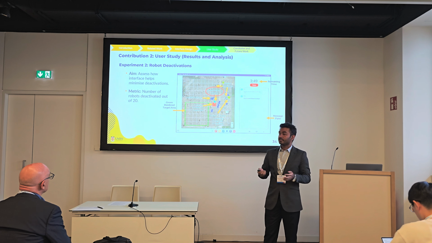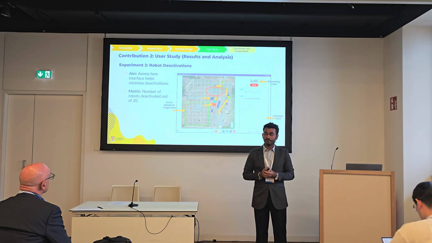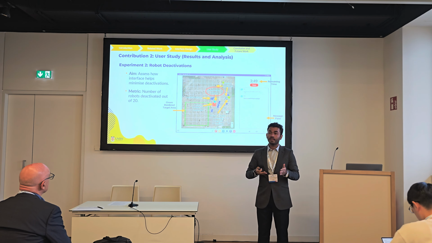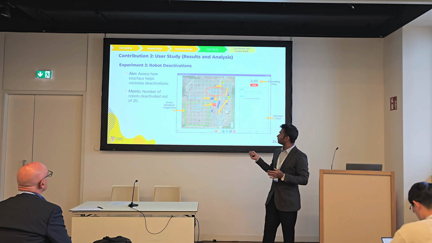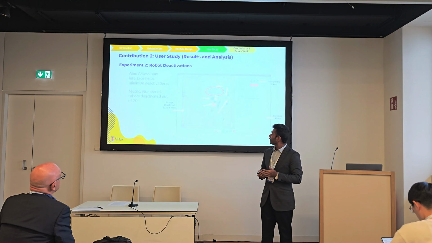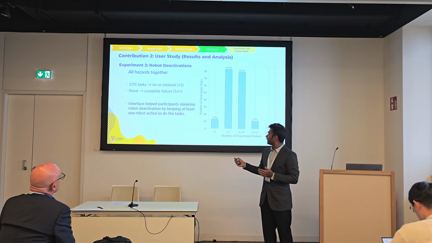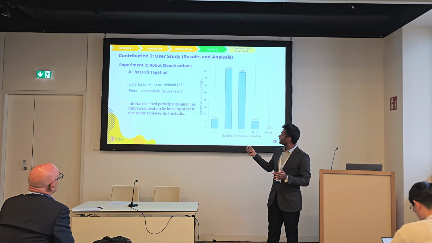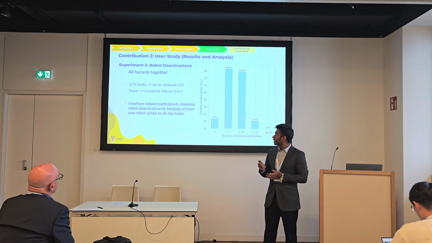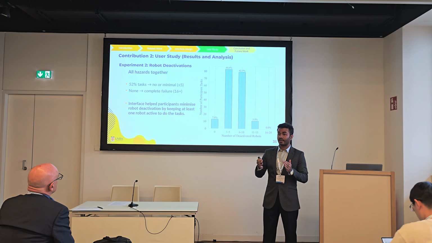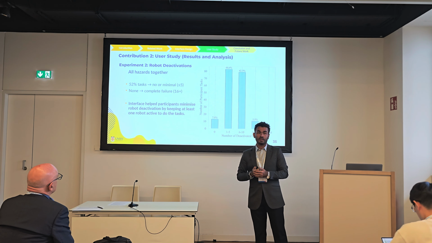We did the same analysis for robot deactivations as well. By the end of the task, how many robots are deactivated out of the 20 robots that we have? These are the light blue ones. Looking at this, in 52% of the tasks, there were no or fewer than 5 robots deactivated, and there were no tasks where 16 or more robots got deactivated.